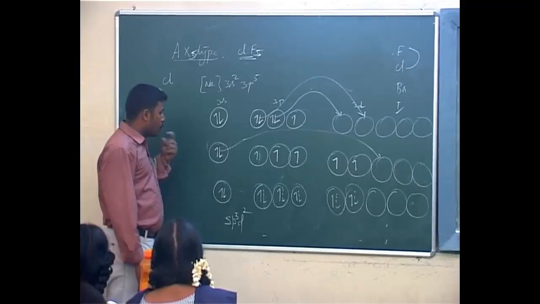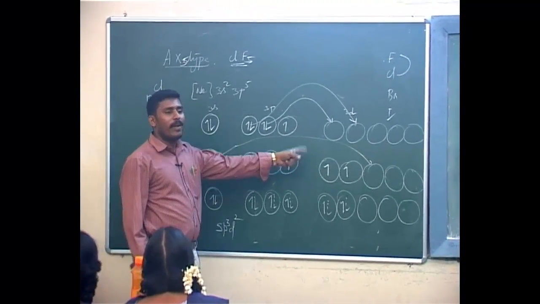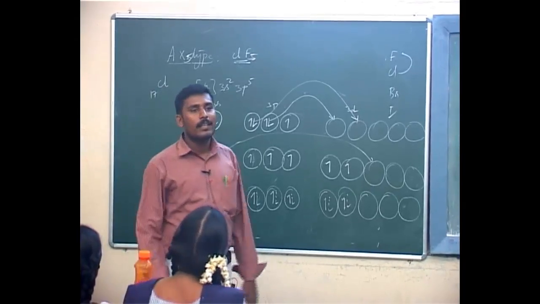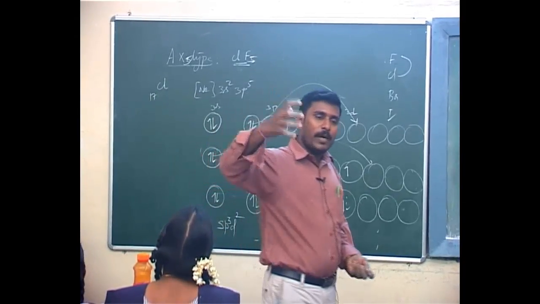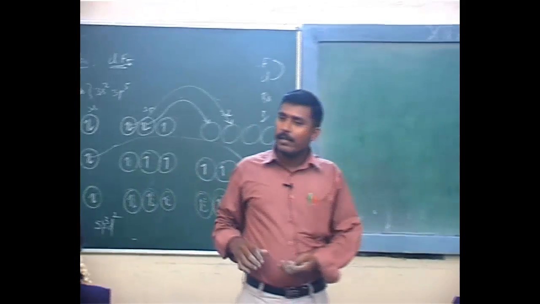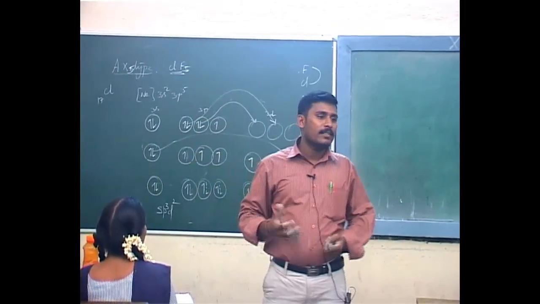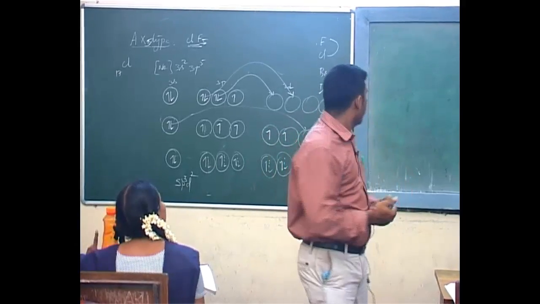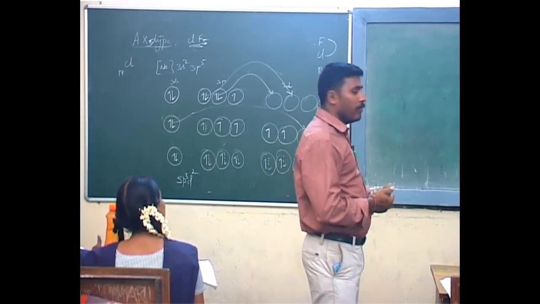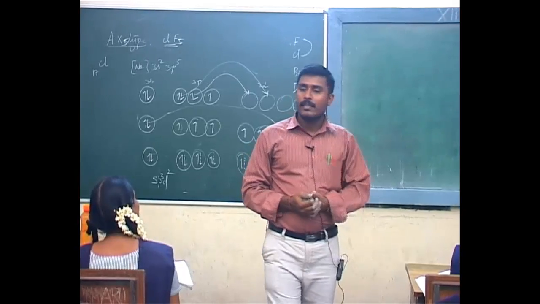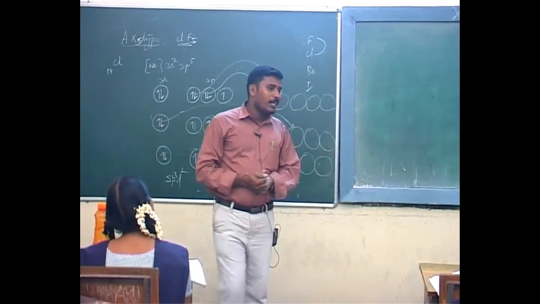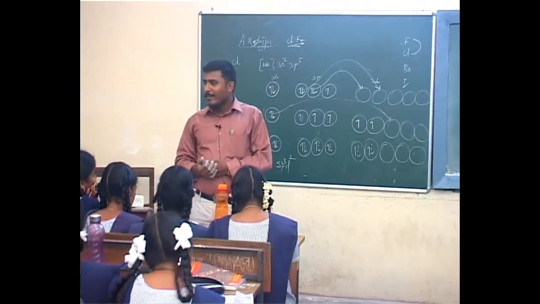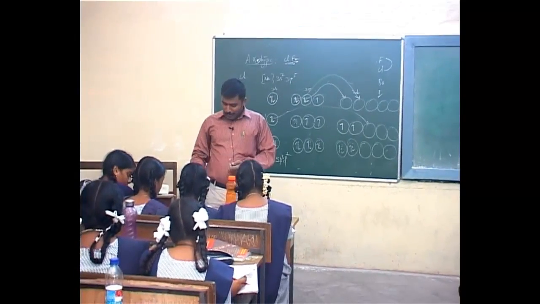So 1, 2, 3, 4, 5, 6, 7 unpaired electrons will come at all 7 places. Those electrons will come and join to make a single covalent bond between them. For example, IF7. Clear? If you have any doubt in interhalogen compounds, clear? No doubt. Okay.